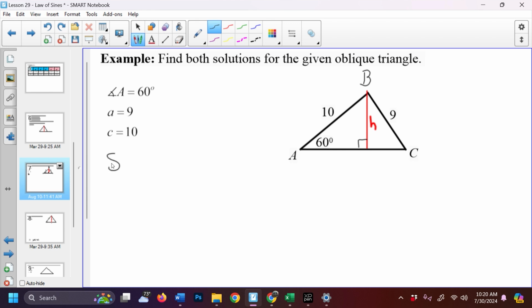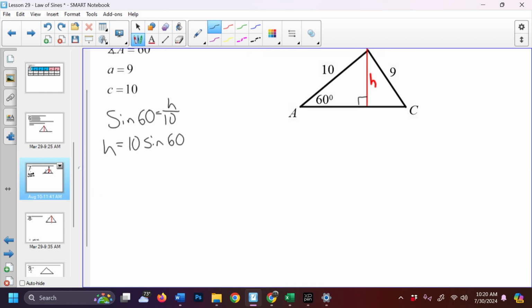So I can say that the sine of 60 is equal to H over 10, and so H is equal to 10 sine 60. Now 60 is on the unit circle, so we know that the sine of 60 is equal to square root of 3 over 2, which will give me 5 square root of 3.